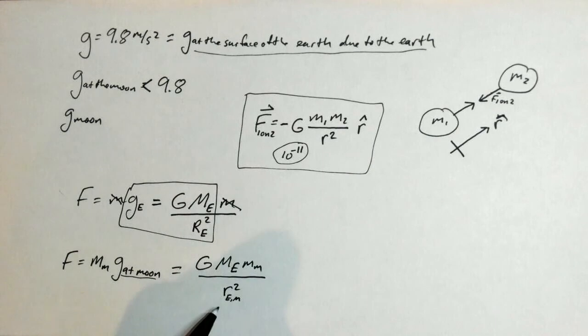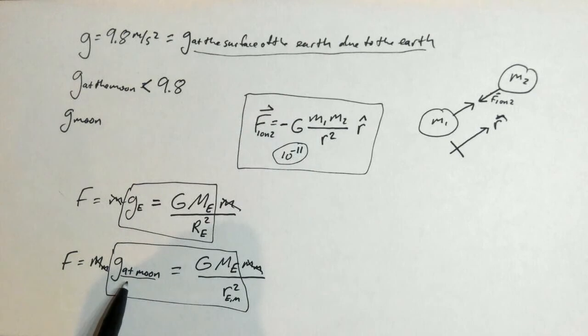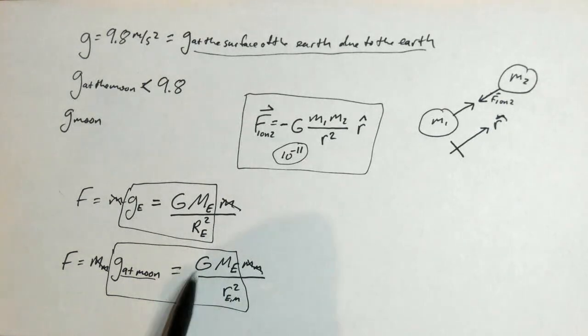Now that's a calculable value. It's listed in the cover of the book. So you can look up that number, the distance between the center of the Earth and the moon, or better yet, the radius of the moon's orbit around the Earth. We can see the same process: the g at the moon, relative to their centers, is a number we can calculate.